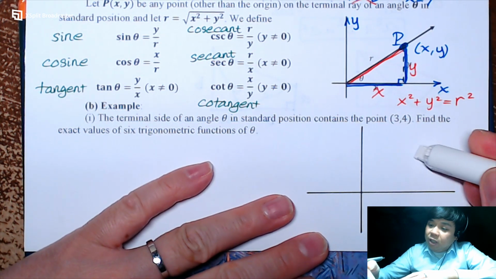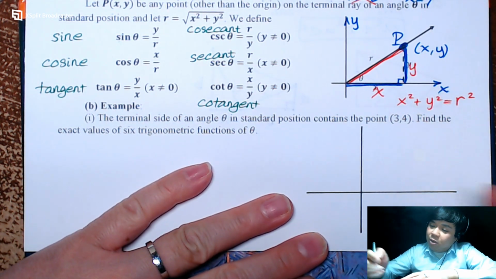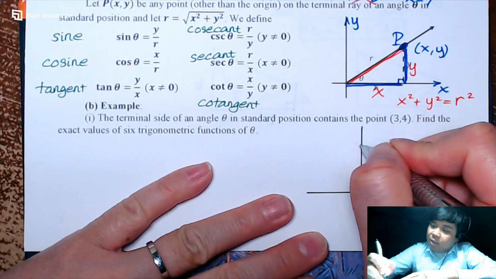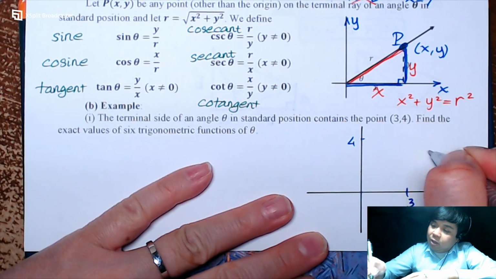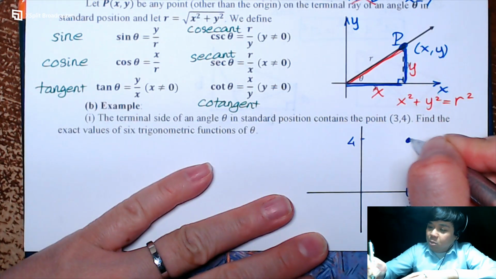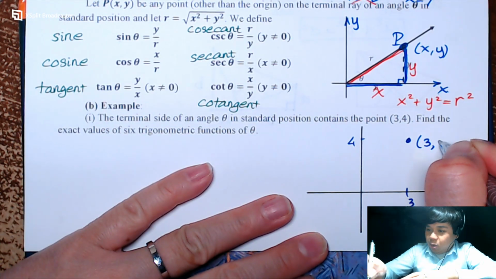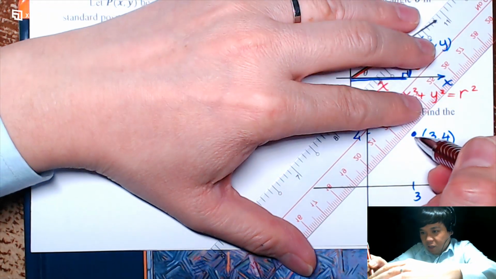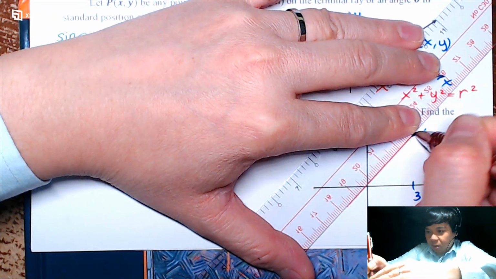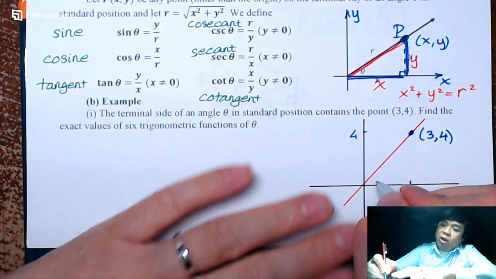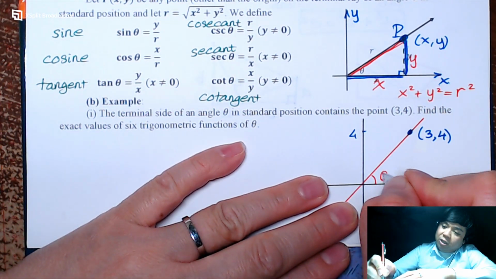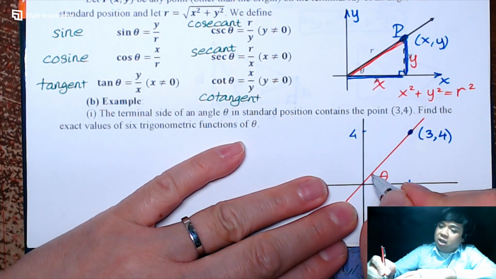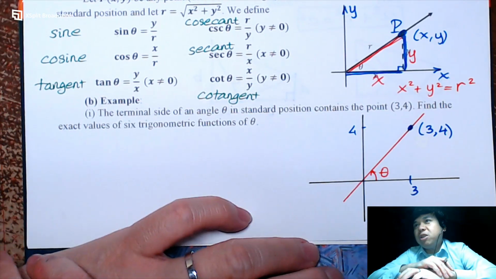X equals 3, y equals 4. So that point. And from there, we connect to the origin. With that, we form an angle in standard position. We might say that directed angle, counterclockwise.